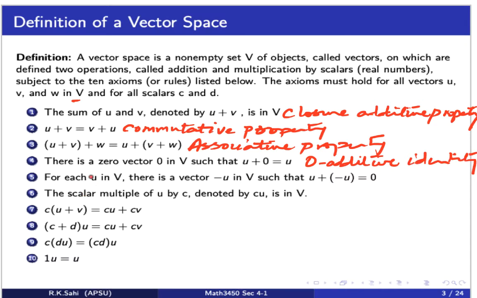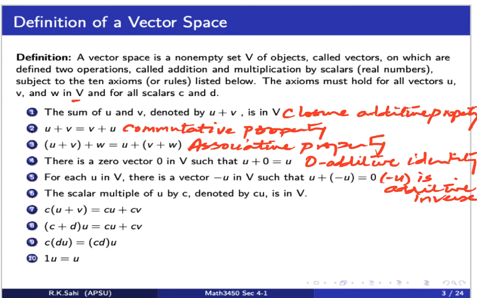Okay, so for every vector u in the capital V, there is a vector negative u, such that when you add u with negative u, you get the zero vector. So this minus u is called the additive inverse.